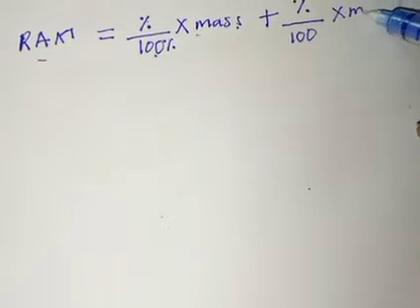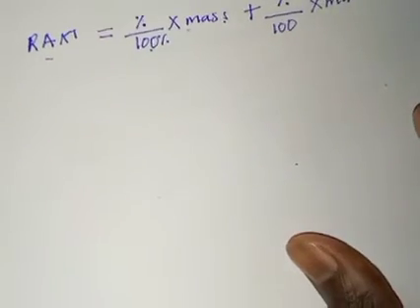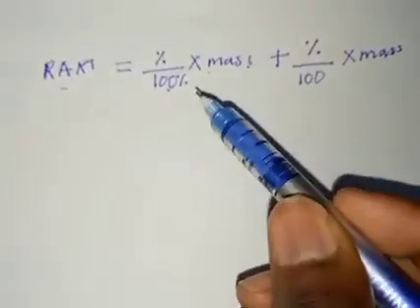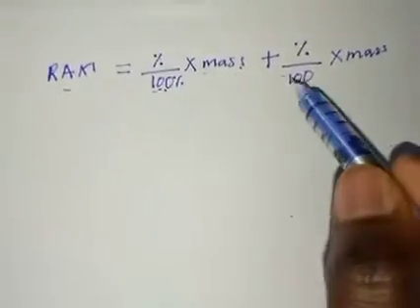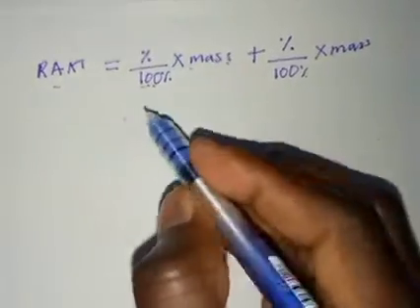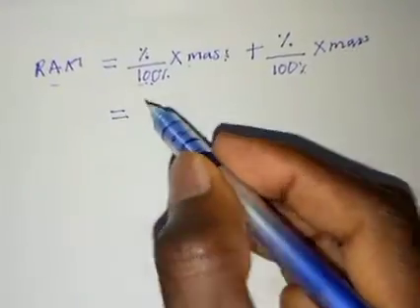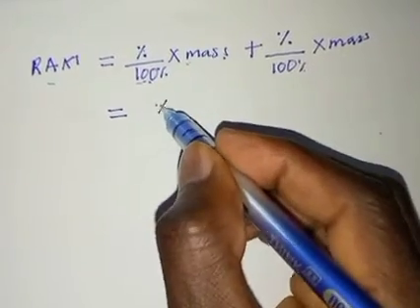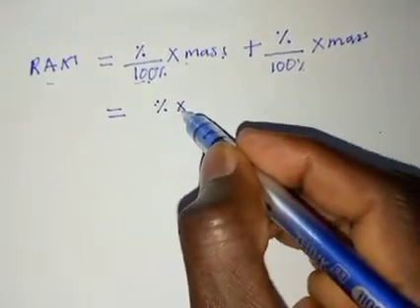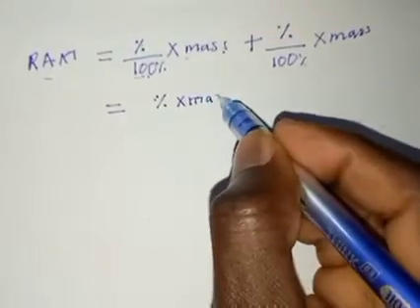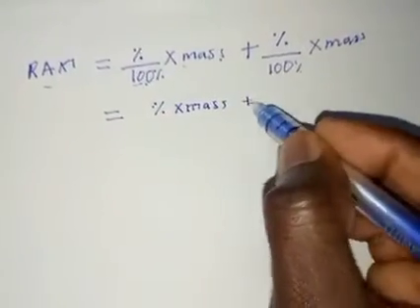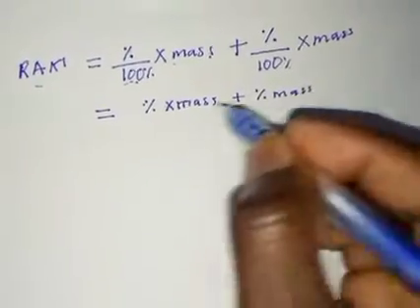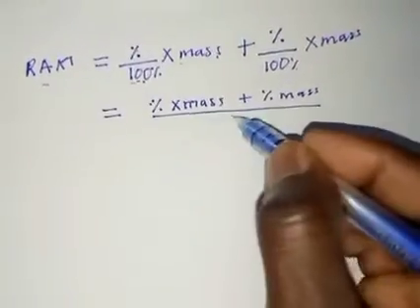So in this case, since I have the same base for my percentages, to find the relative atomic mass for chlorine, you take its percentage multiplied by the mass, plus the percentage of the other one multiplied by its mass, divided by 100.